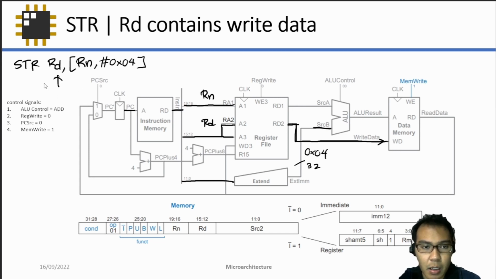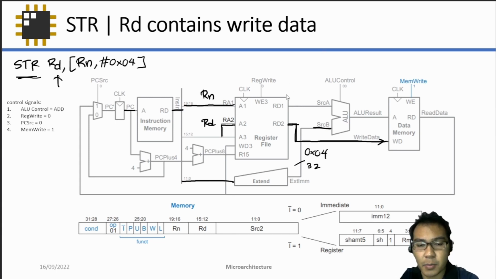Why? Well, in contrast with load register, the data that we want to write in the store instruction is actually inside RD. So RD does not take the data. It's not a destination. Rather, it's the source of the data that we're going to write into a specific address in memory.